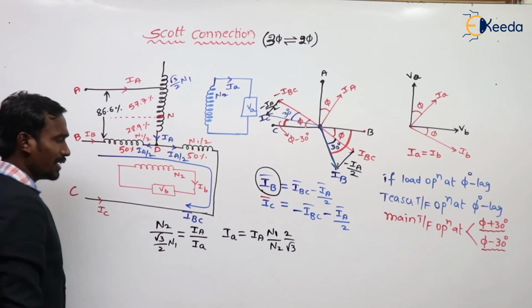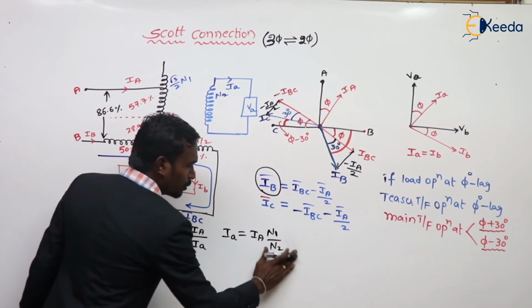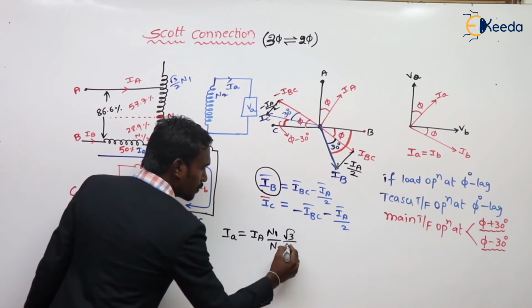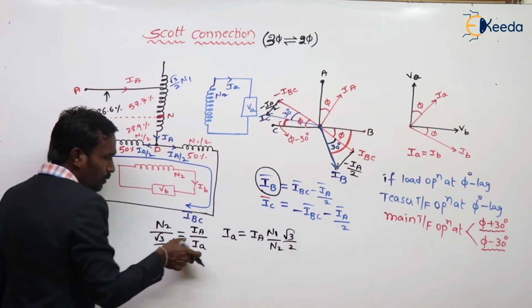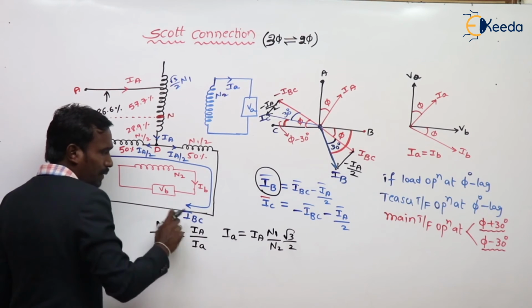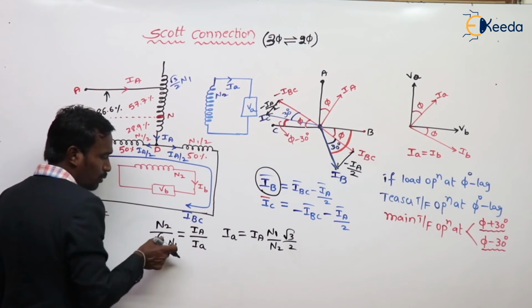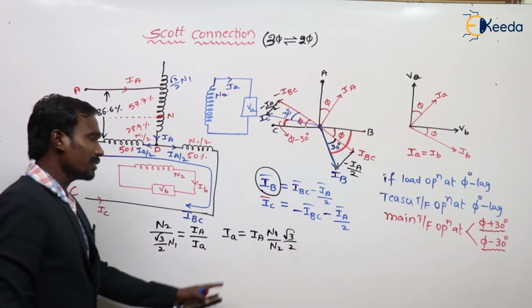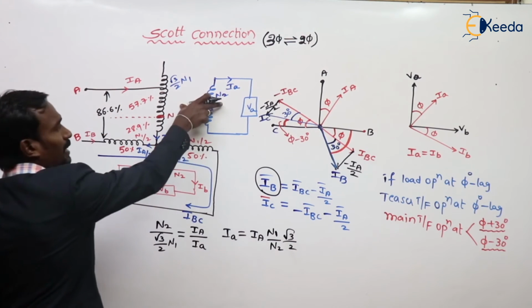Yes or no? Is IA equal to 2 by root 3 or root 3 by 2? Root 3 by 2. This goes completely here. When IA comes here, it is IA N1 by N2 into root 3 by 2. This is my IA from this diagram.